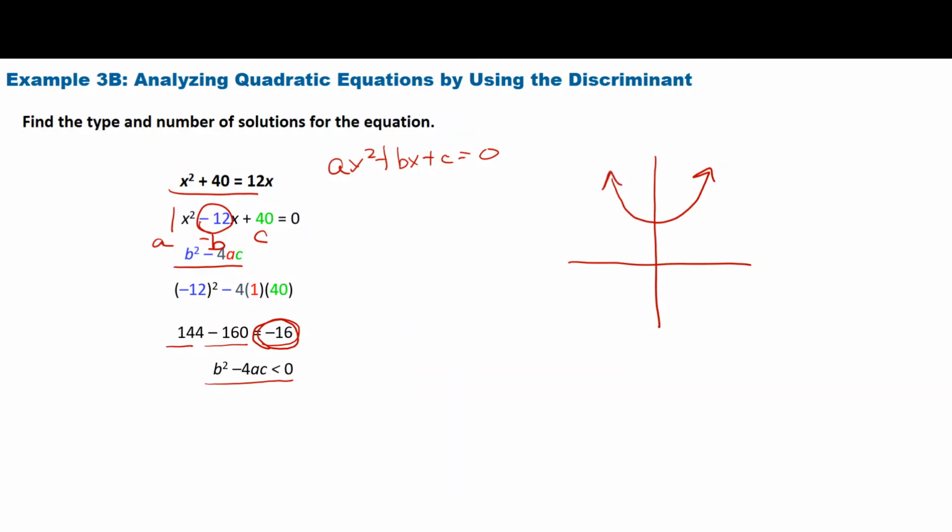So our parabola is never going to cross the x-axis. But our answer is going to be the equation has two distinct non-real complex solutions. Remember we talked about the axis, this is our regular axis and this is our imaginary axis. All right, so it's going to be in the complex solutions, two of them.